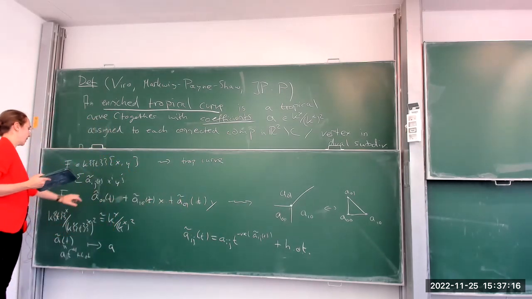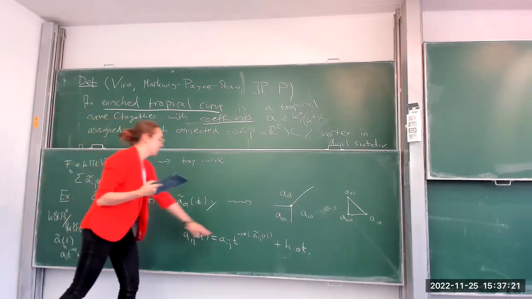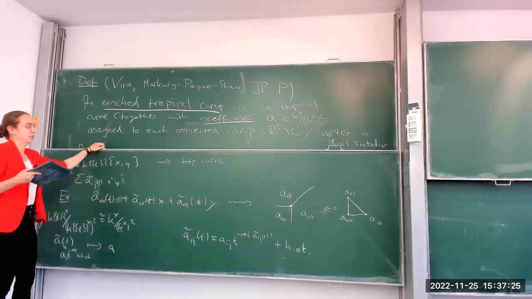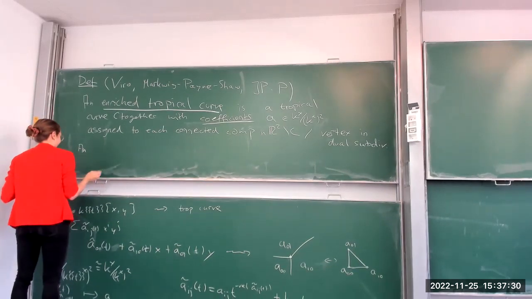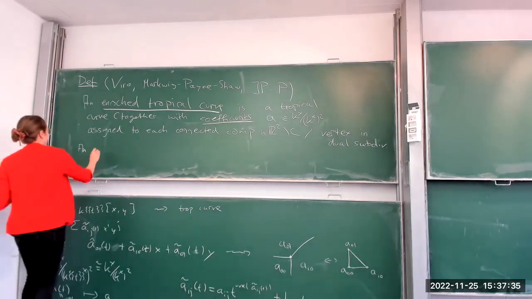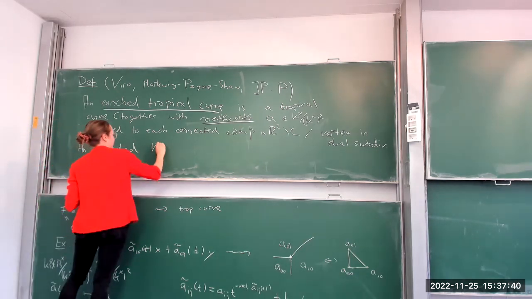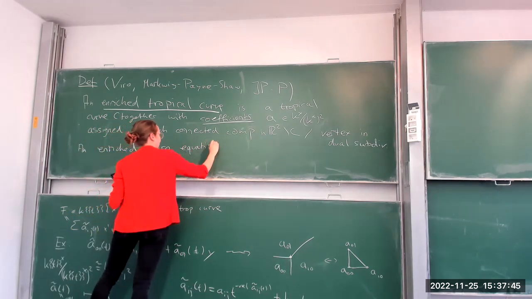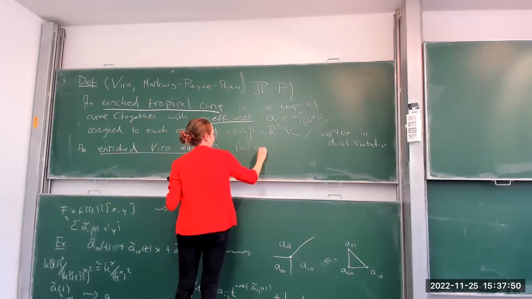Not quite: I only know the initials here and some exponents here, but these of course differ by scale. Let's call this an enriched tropical equation, or enriched tropical curve.